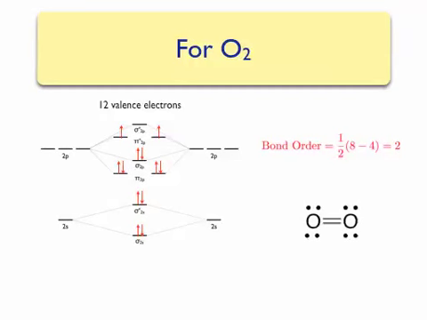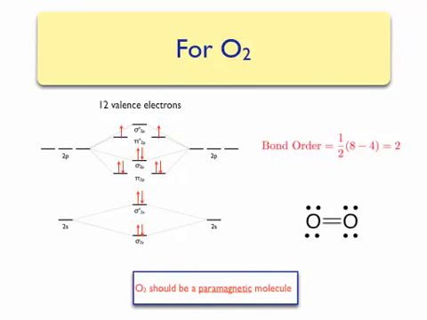This predicts that oxygen has 2 pairs of electrons that are shared between the 2 atoms, and therefore it predicts a double bond, which falls in line with our Lewis structure. However, an added piece of information that we get from our MO diagram is that oxygen is predicted to be paramagnetic, meaning it will be slightly attracted to a magnetic field.